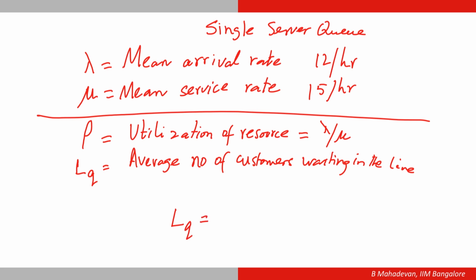LQ is a ratio of lambda square by mu times mu minus lambda. So, we will just use this formula.